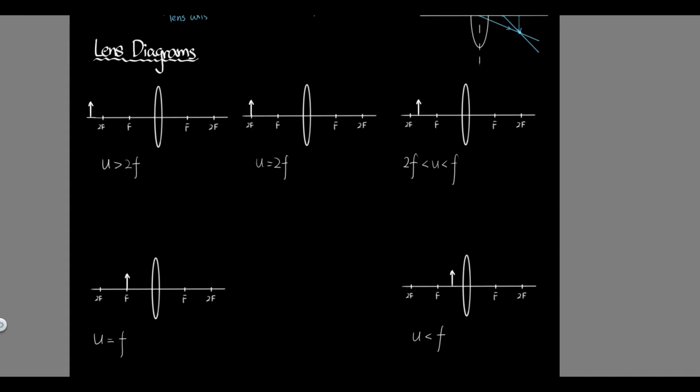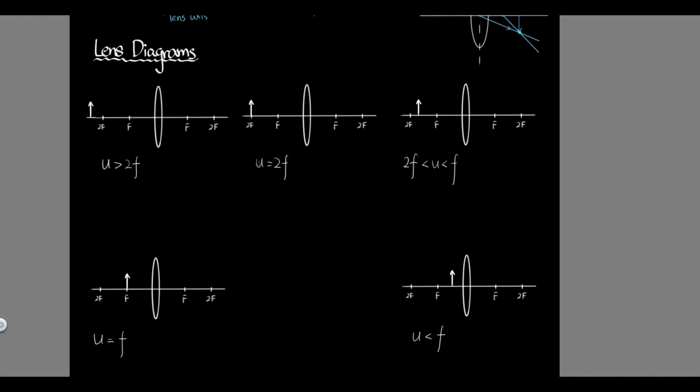And this f, as we've seen before, is the focal length. So what it's saying is that this object is placed beyond twice the focal length, or as we can see from this diagram, this 2f represents twice the focal length, and this object is outside 2f, so it's beyond that length.